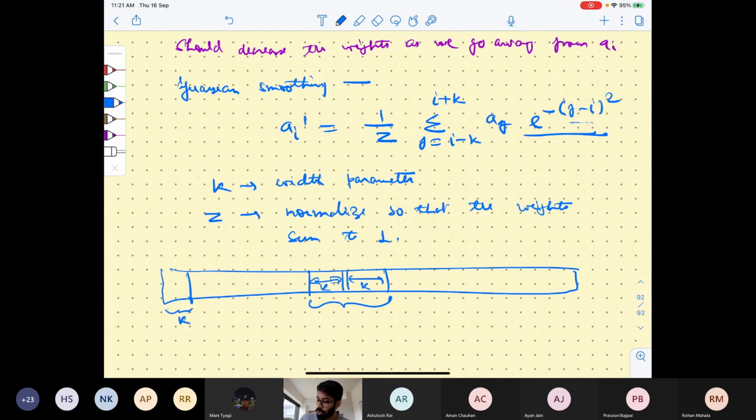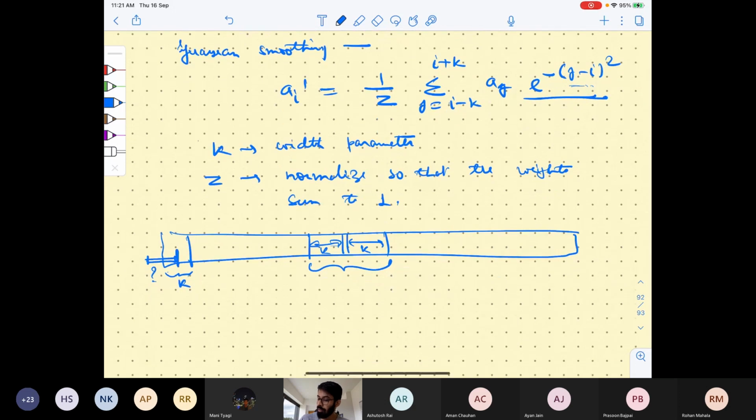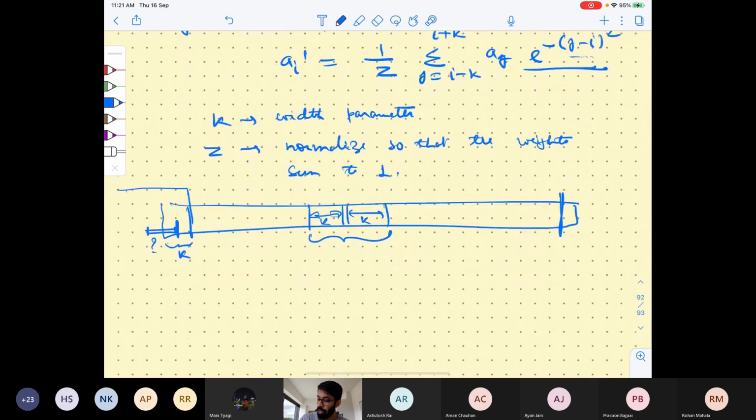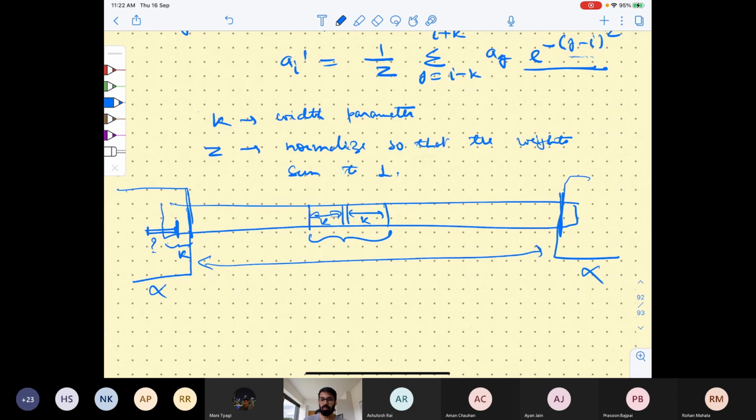For them, there is no strip of k on this side, right? So these are going to be the problematic cases, and we are just going to ignore them. Suppose the algorithm just removes these from the final output. It only outputs this. So this is something we will not worry about too much.